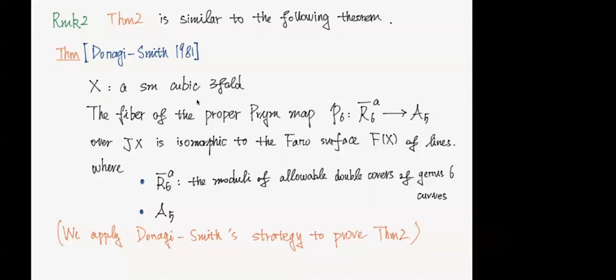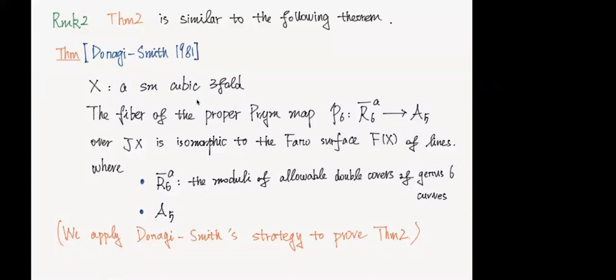So the idea is, you have a cubic threefold X, and you take different lines on this cubic threefold and project X from these different lines. Then you get different double covers of genus 6 curves, but the Pryms are all isomorphic to the intermediate Jacobian.